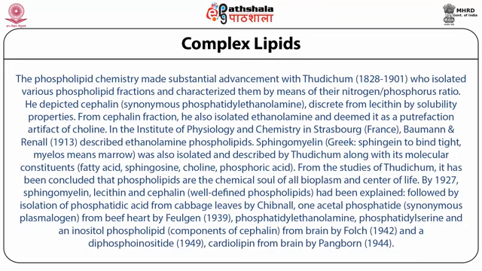Phosphatidylethanolamine, phosphatidylserine, and inositol phospholipids from brain by Folch in 1942, and diphosphoinositide in 1949. Similarly, cardiolipin from brain was described by Pangborn in 1944.